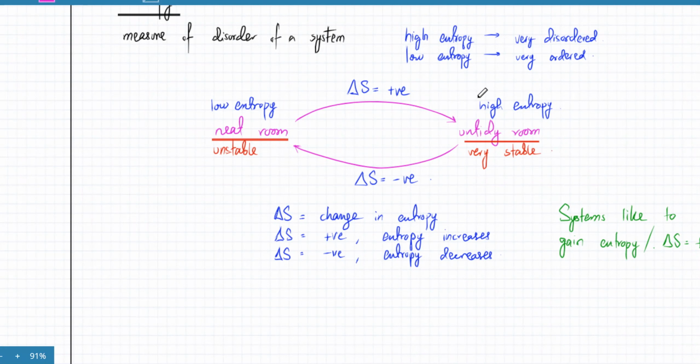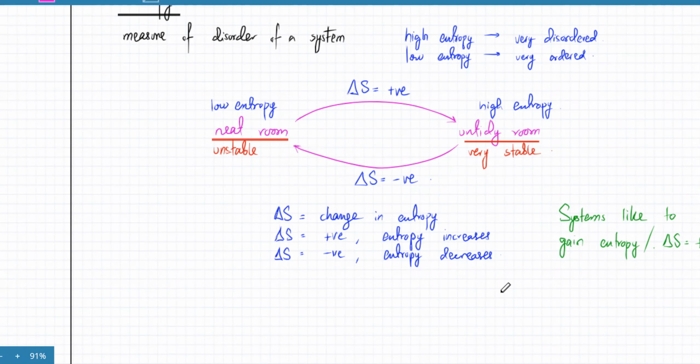Wherever you see life, things tend to move from an untidy state to a tidier state. Because who's cleaning up the room? It's basically you. What are your cells doing? They're taking random chemicals from everywhere, random substances, carbohydrates, proteins, and they're neatly ordering them in your body. So they're trying to decrease entropy.